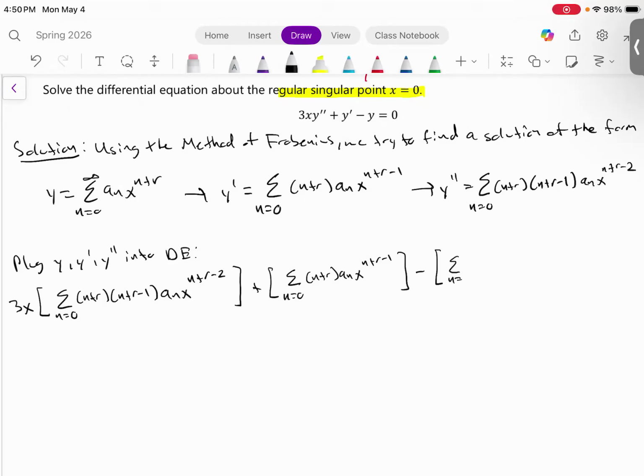And that's our power series centered at the regular singular point, 0. And then this all just equals 0.